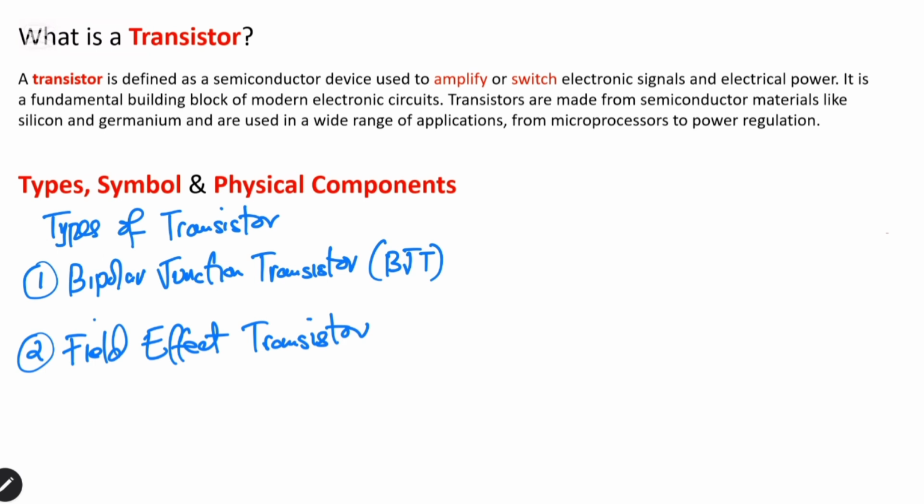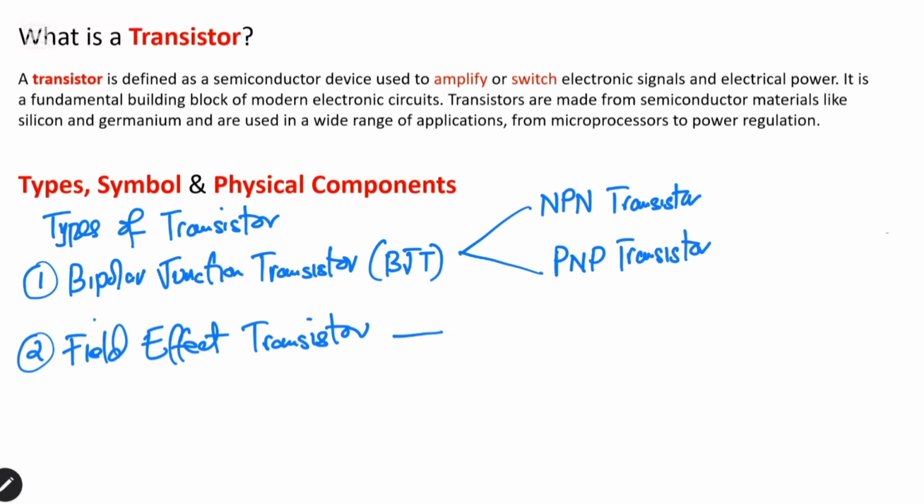In the bipolar junction transistor, we also have two types: one is known as the NPN transistor, and the other one is known as the PNP transistor. An example of a field effect transistor is the MOSFET.